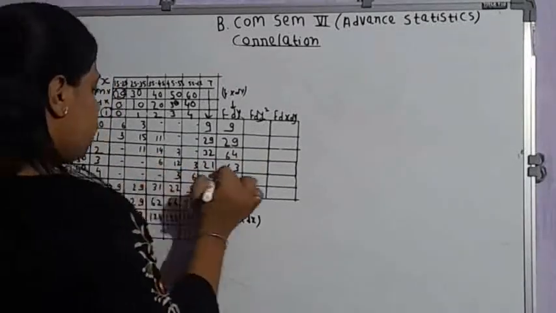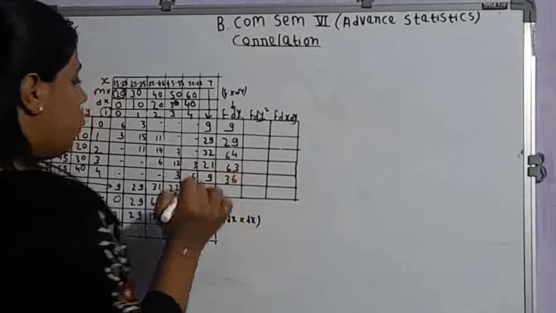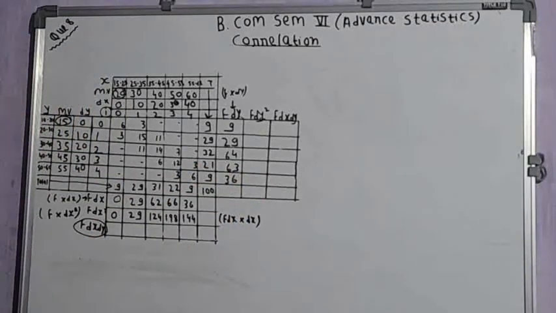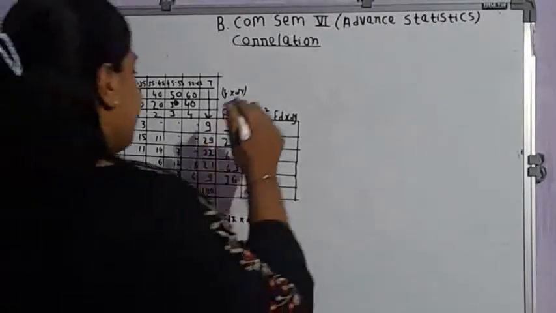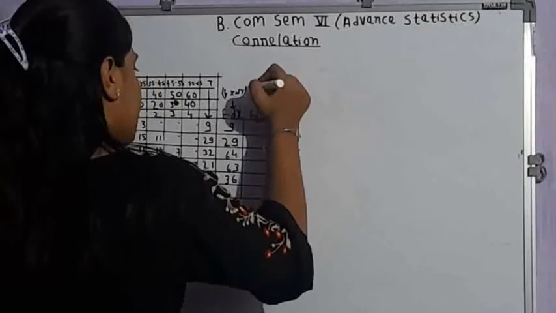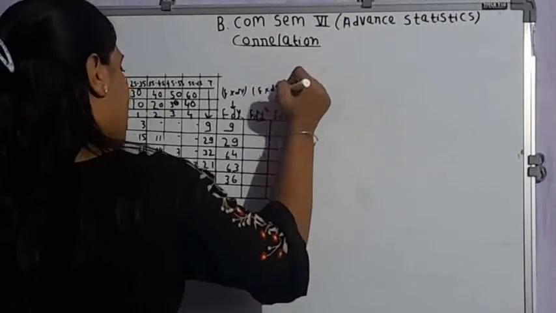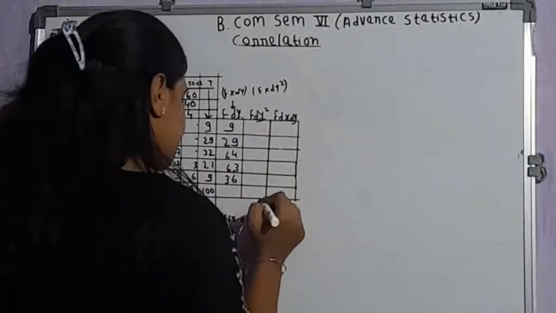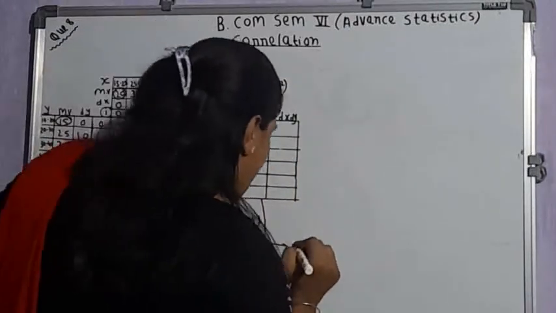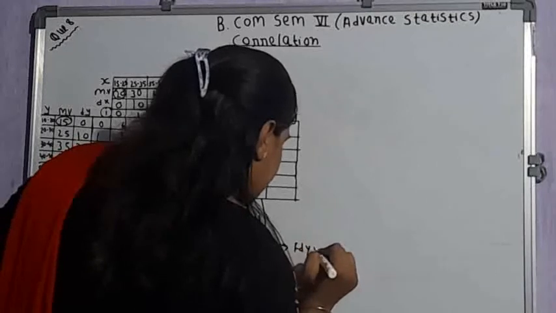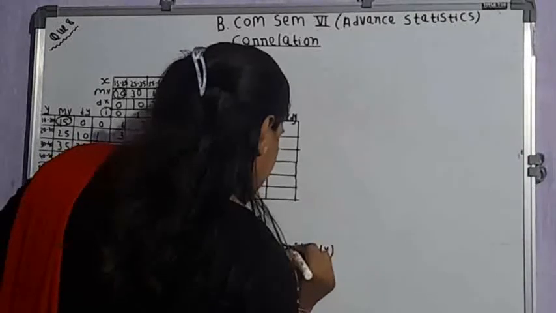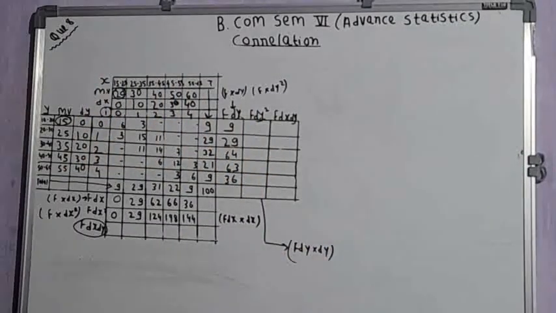And 9 into 4, 36. So this way we have calculated f dy. Then f dy square. Again it would be f into dy square. How are we going to calculate it? It would be f dy into dy.